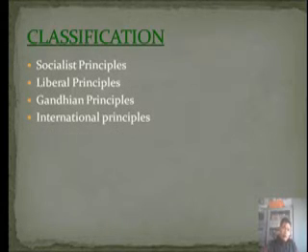When we look at the principles enshrined in the Directive Principles of State Policy from Articles 36 to 51, we can classify them under certain heads: socialist principles, liberal principles, Gandhian principles and international principles.